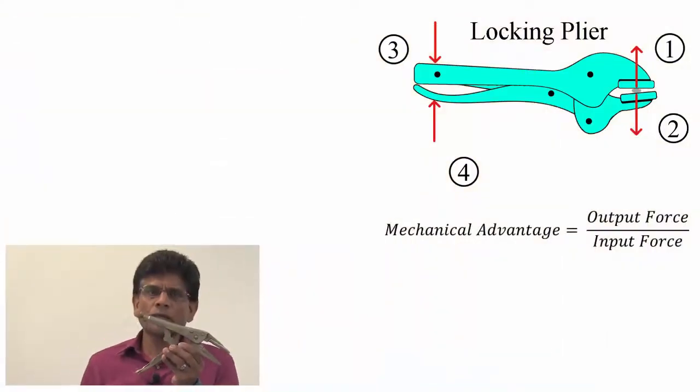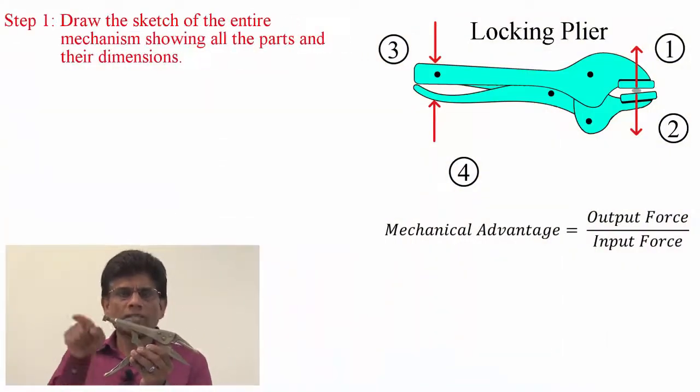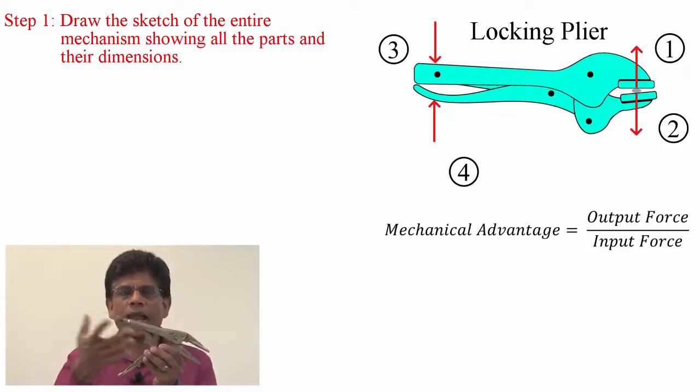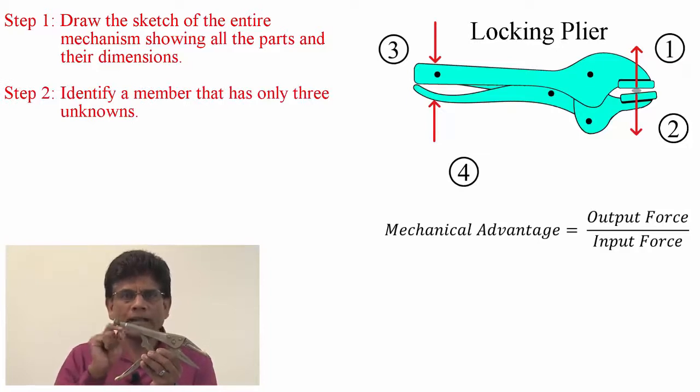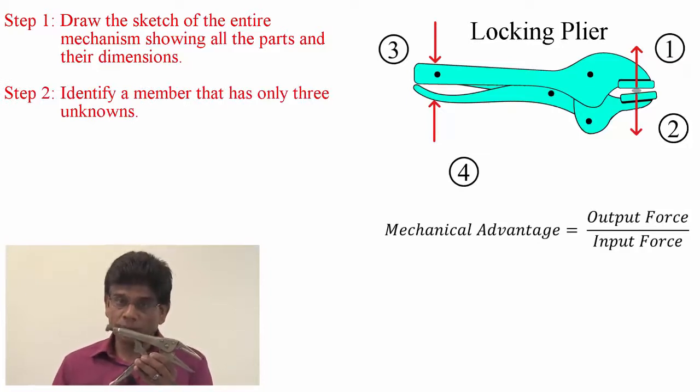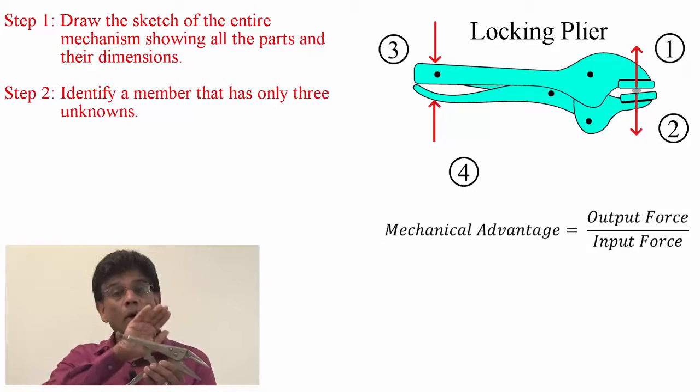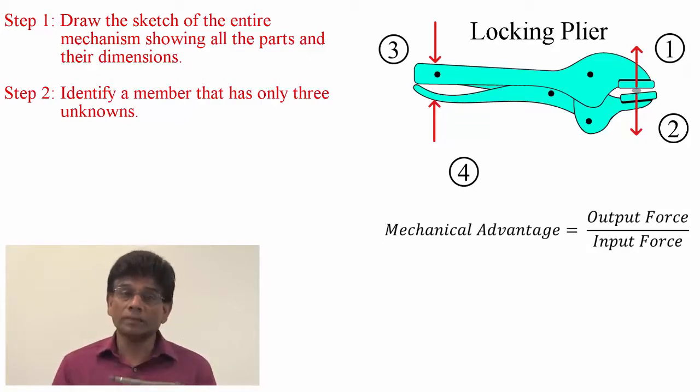So the steps to solve such problems are: draw the sketch of the entire mechanism showing all the parts and their dimensions. Identify a member that has only 3 unknowns. Draw the free body diagram of that member and solve.